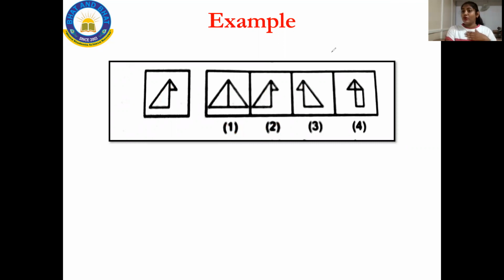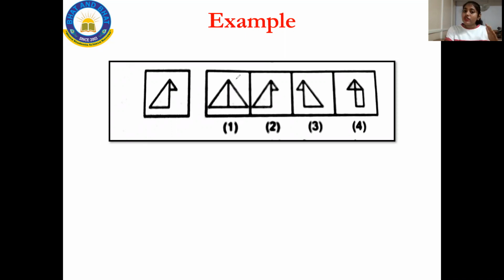Even I can say, as soon as the question is displayed, I know it is option 2. But you have to start telling the reason. Why not the first one? Ma'am, because in the first one there are 2 triangles, a small and a big triangle, so it is not the answer. Let us come to the second one. In the second one there is a triangle and then a small circle towards the right side.